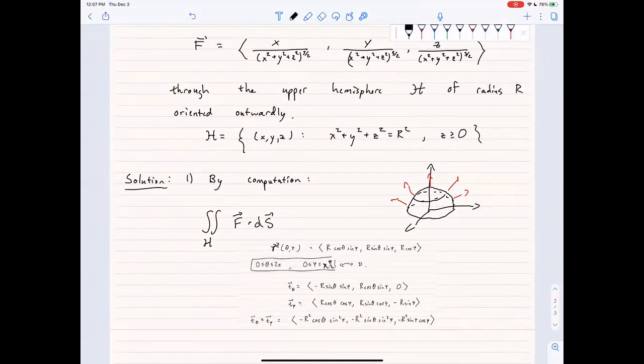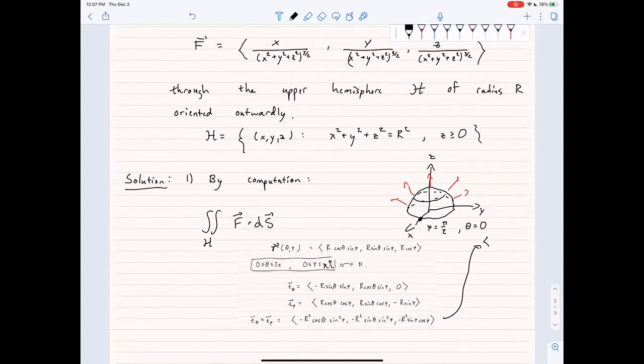If we're at this point, say right here, this is x, y, z. Here phi is equal to pi over 2, theta equals 0. So let's put that into this guy here. At that point, what's sine of pi over 2? Sine of pi over 2 is 1.